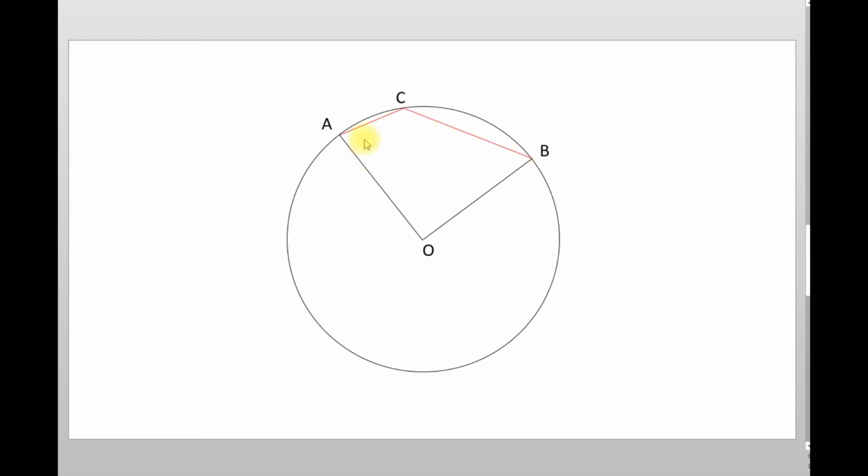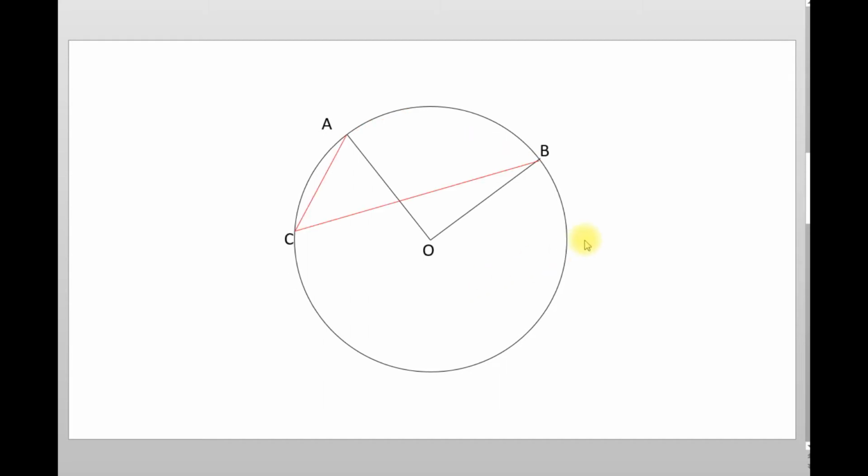Before we do that, we notice that if C is on this arc, this means C is now subtending the longer arc AB and is equal to half the value of this angle AOB, which is larger than 180 degrees.